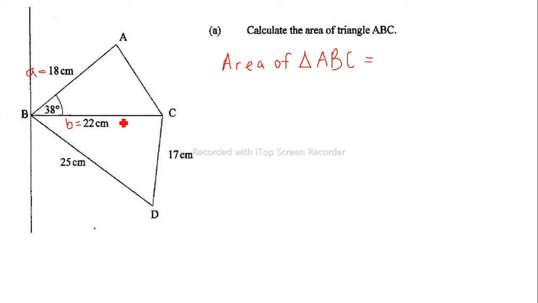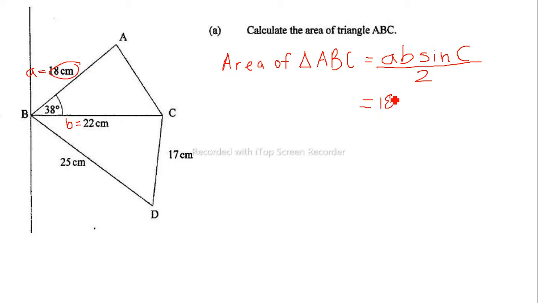So it's going to be equal to, remember the formula, A times B times sine of capital C, divided by 2. It's going to be equal to A, which is 18.